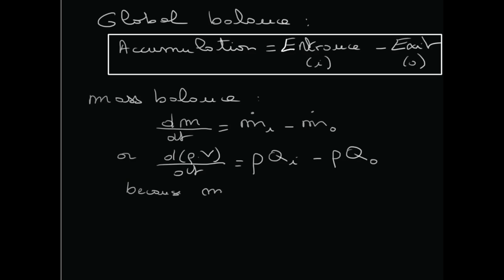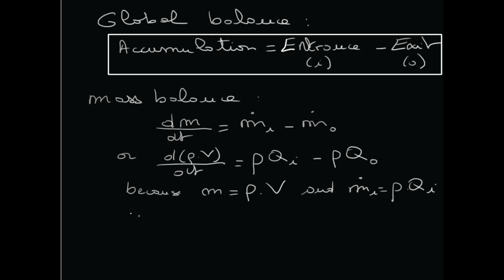Because m is rho times V and m dot I, for example at the entrance, is rho times Qi. You can check all that with the dimension of each term.